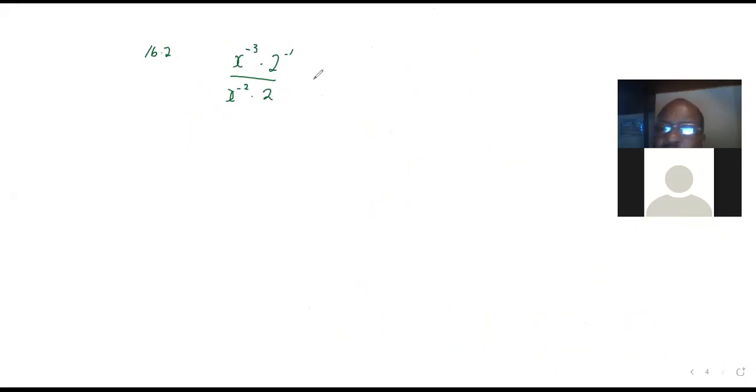Now, this can also be written as 1 into x minus 2. If I take this one down, it becomes positive. And then that is 2.